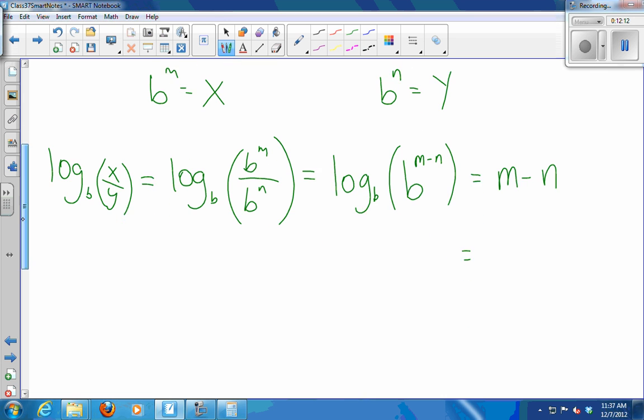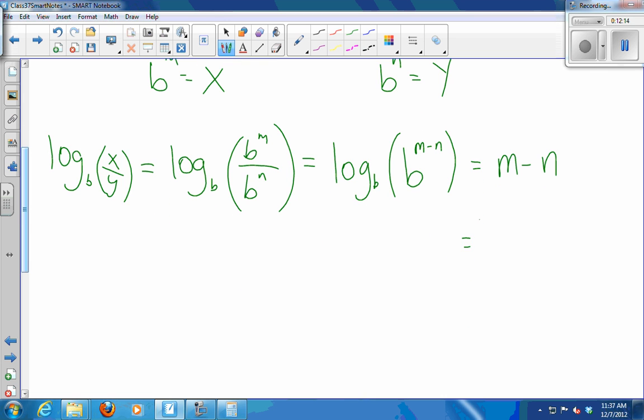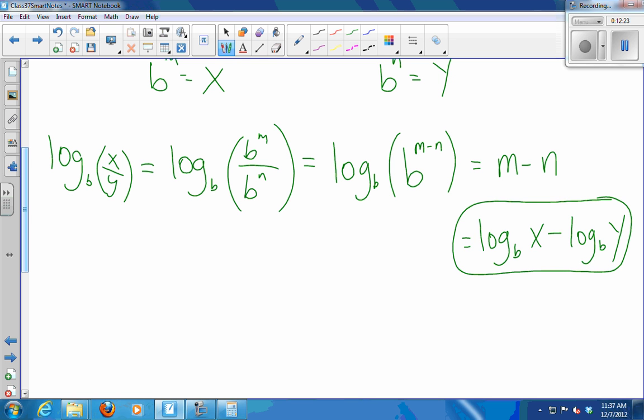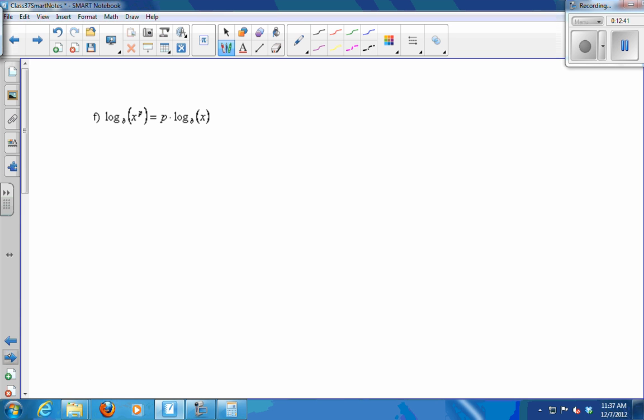And n is log base b of y. So it makes perfect sense that division would turn to subtraction because that's the law of exponents. When you're dividing like bases, subtract the exponents, and logs are exponents. So it follows that rule. All right, one. Yeah, sure.